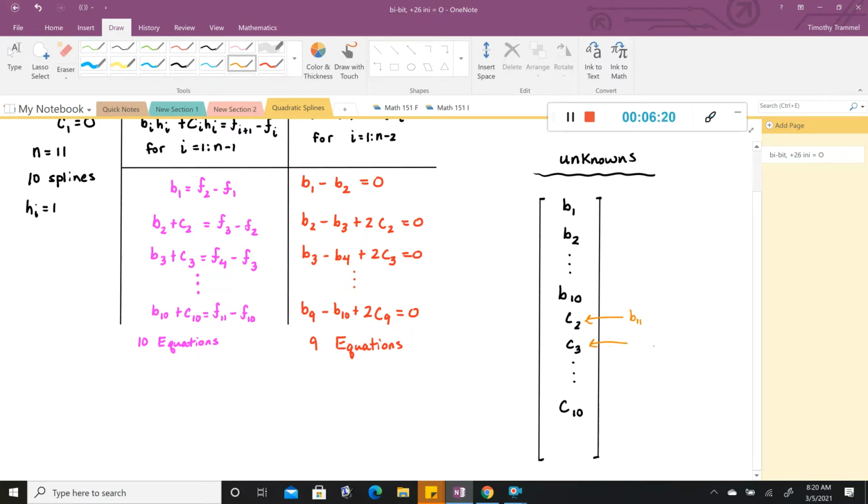We could call this one B12. And this last one, okay, let's just point out what the formula is. If you look at the subscript on the C, if you add 9 to it, you'll get the subscript on the B. So 3 plus 9 is 12, 2 plus 9 is 11, and 10 plus 9 would be 19. Okay. But notice that number. That matches our total number of equations, which is good.